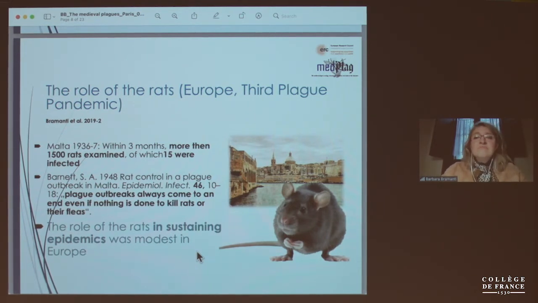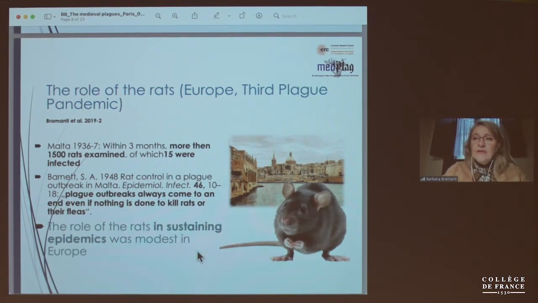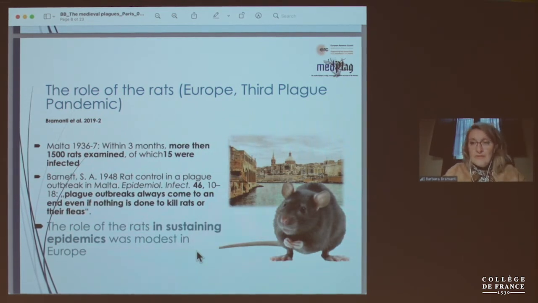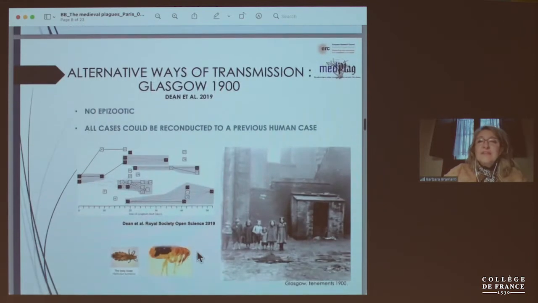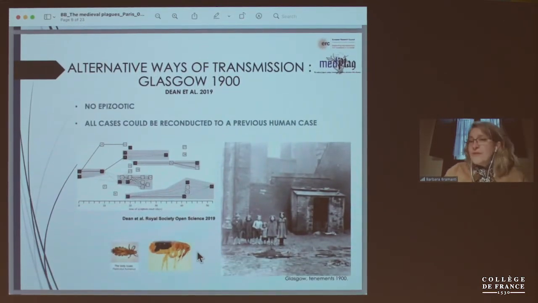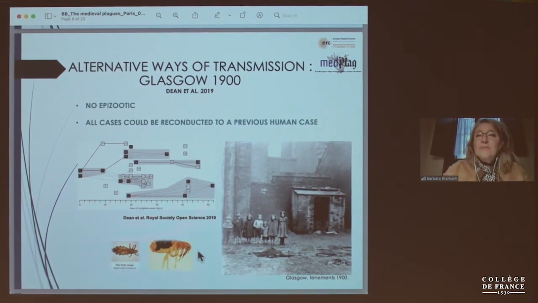So, all considered, we can conclude that the role of the rats in sustaining epidemics was really modest, at least in Europe, at least in the period of the third pandemic. Considering this, we have taken into account also alternative ways of transmission.